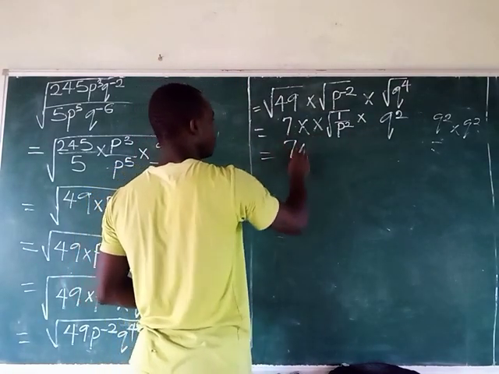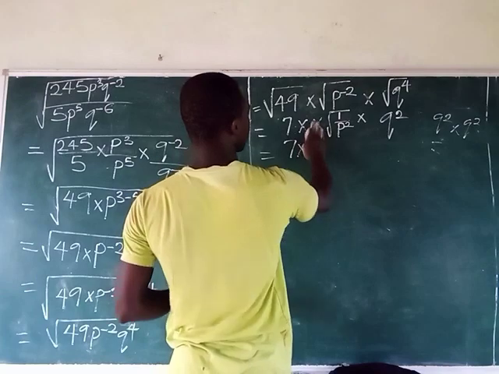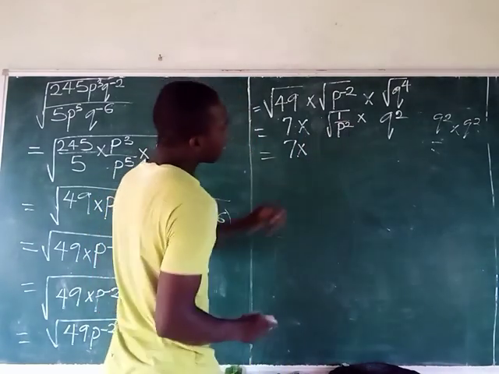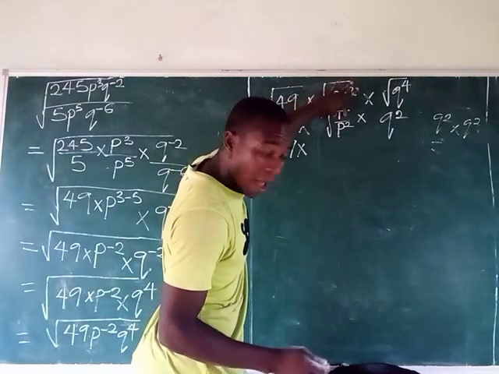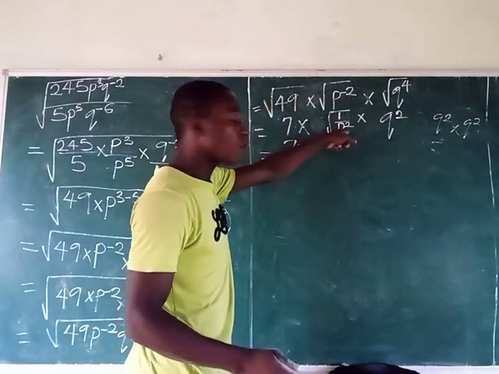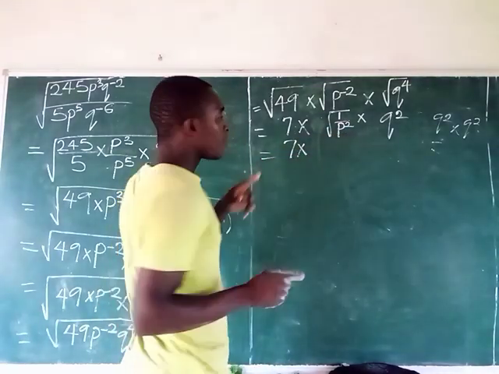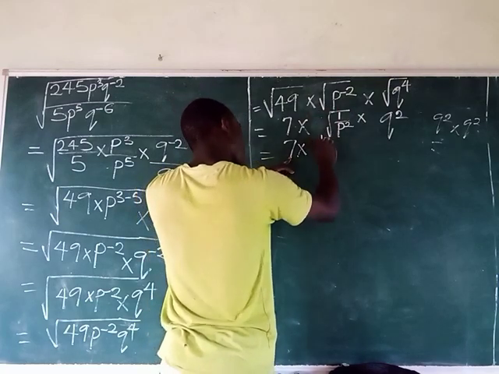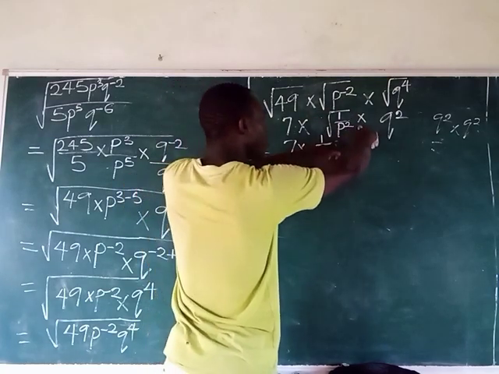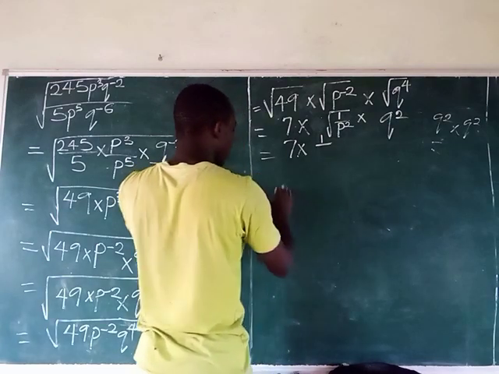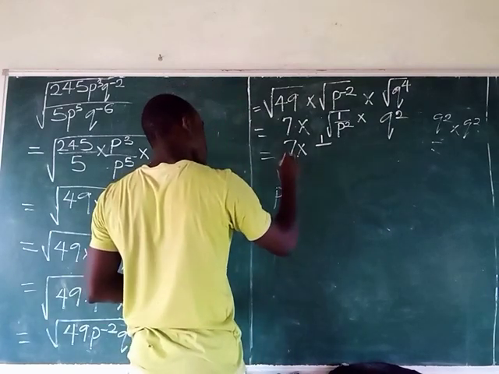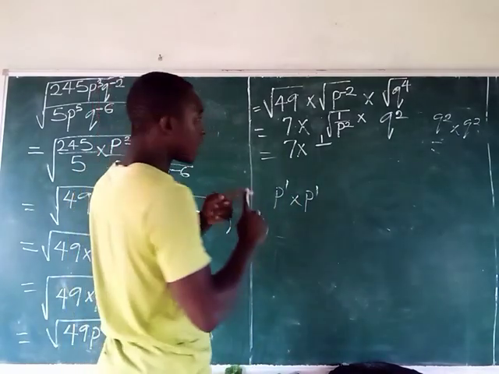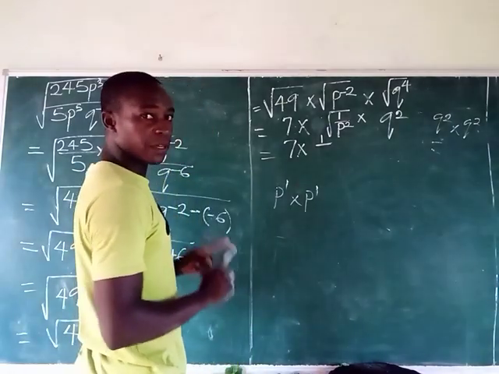But for this one, we are going to still simplify this together. For this we have 7 times. Now watch. Look at this one now. This means the square root of 1 divided by the square root of P raised to the power of 2. So the square root of 1 is 1, over the square root of P raised to the power of 2, which is P raised to the power of 1 times P raised to the power of 1, a number that will multiply itself 2 times to give us P raised to the power of 2.